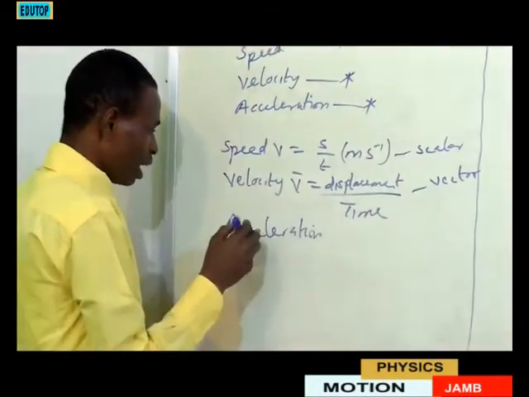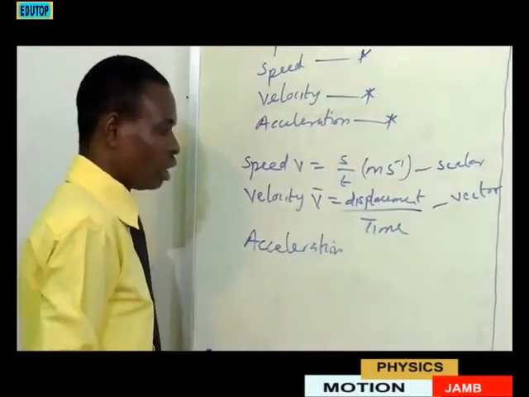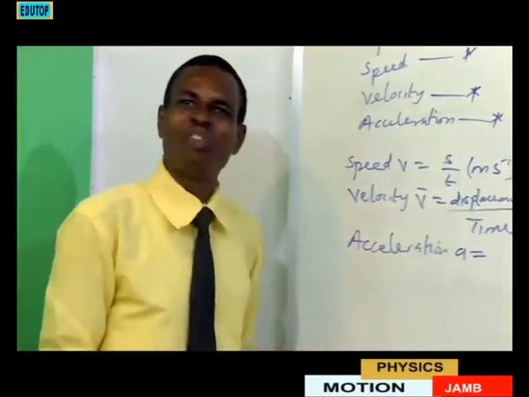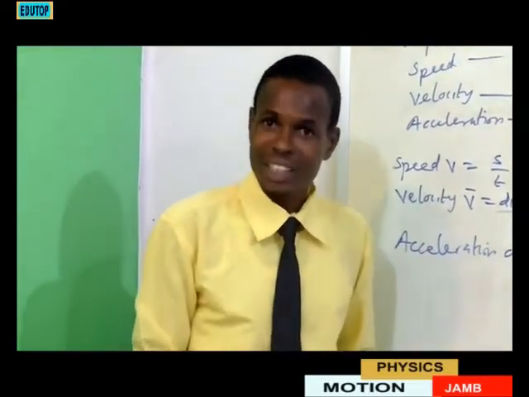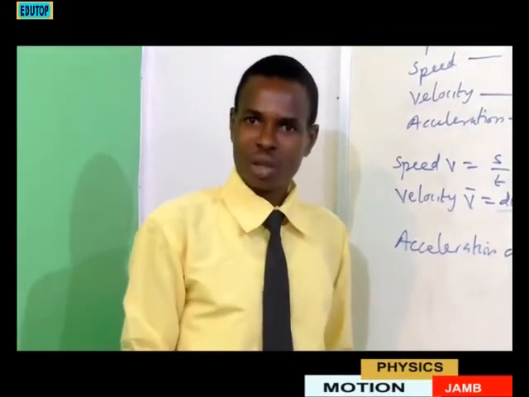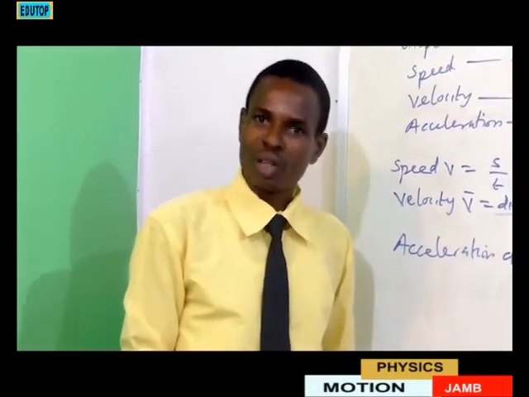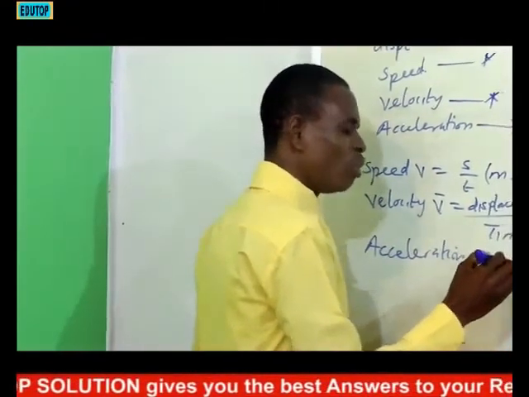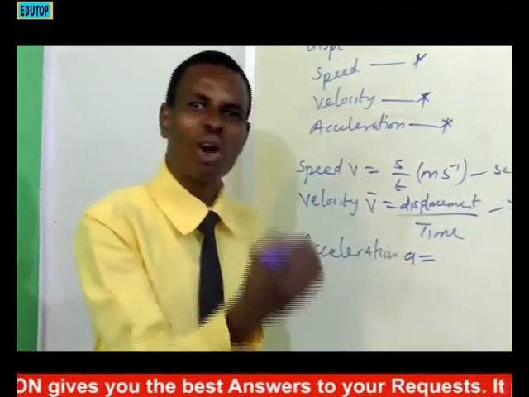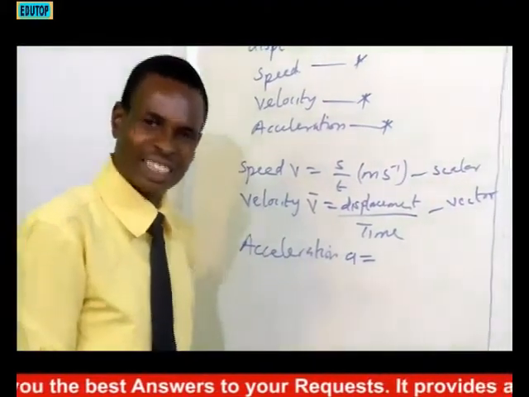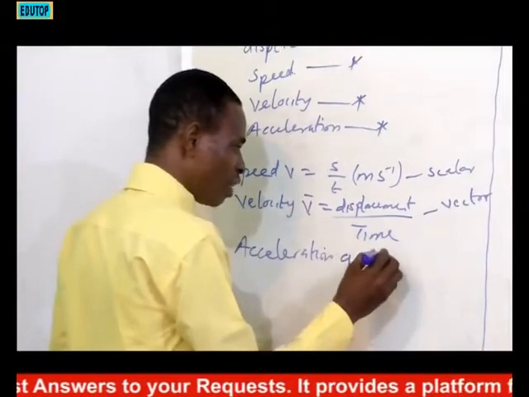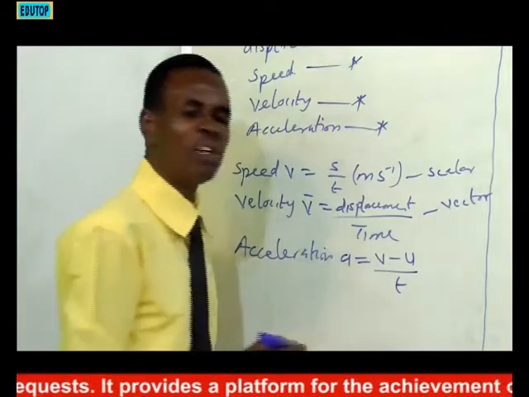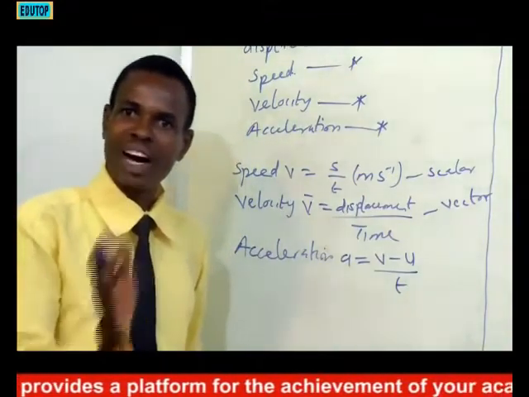Acceleration. How do we define acceleration? Acceleration a is defined as the rate of change of velocity with time. In this case, we are going to have final velocity minus initial velocity over time.